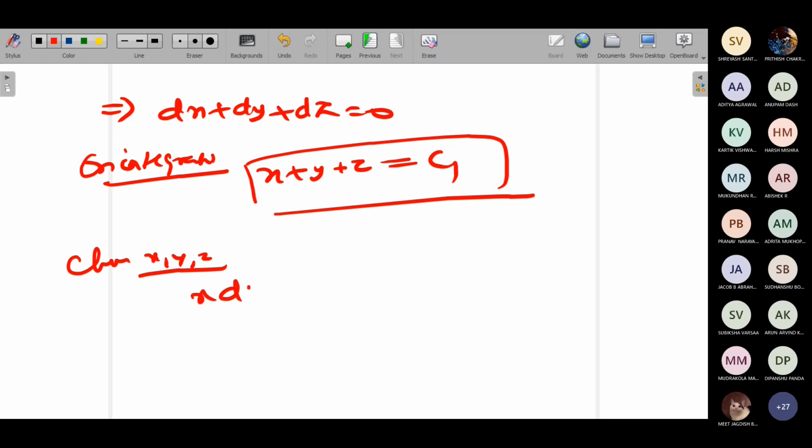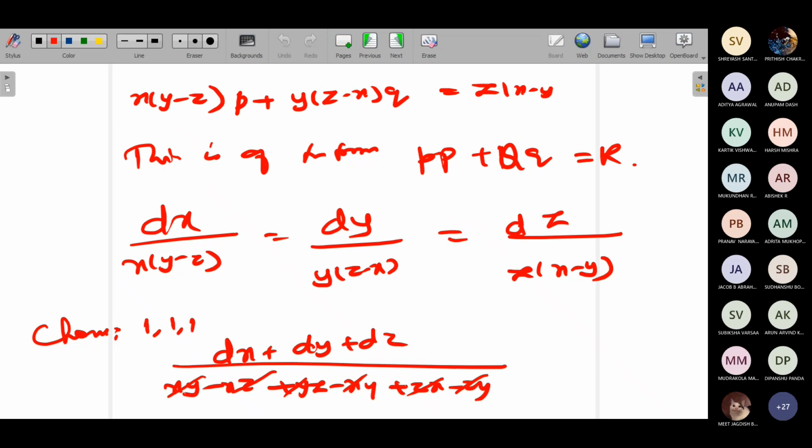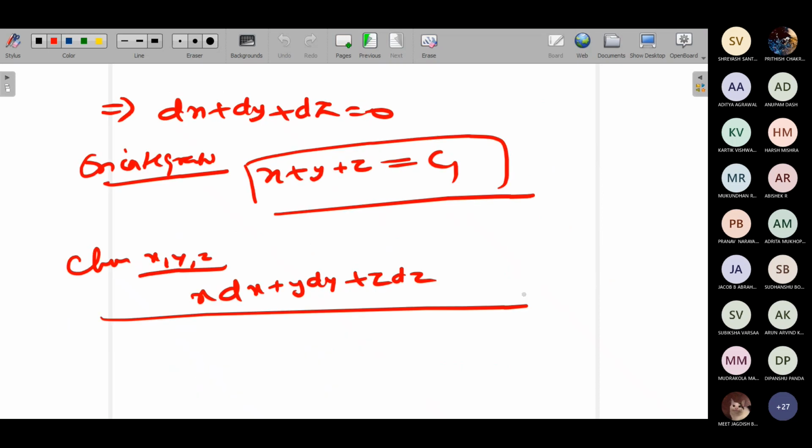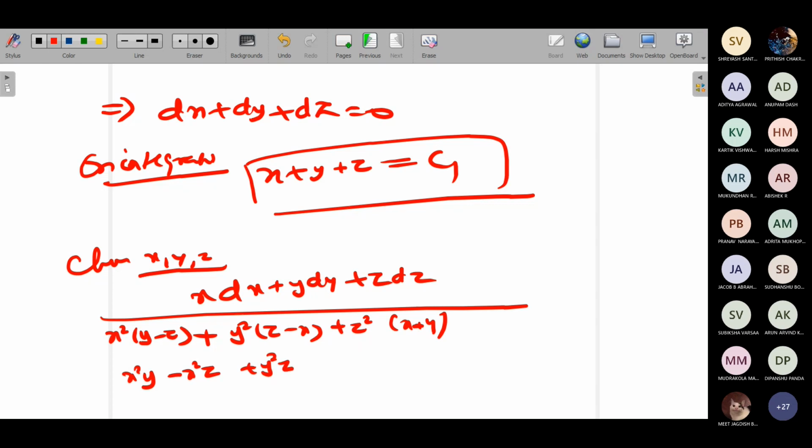So we'll get x dx plus y dy plus z dz divided by x square into y minus z plus y square into z minus x plus z square into x minus y. You're getting 0? Check it out.